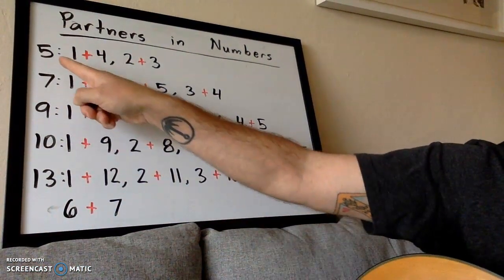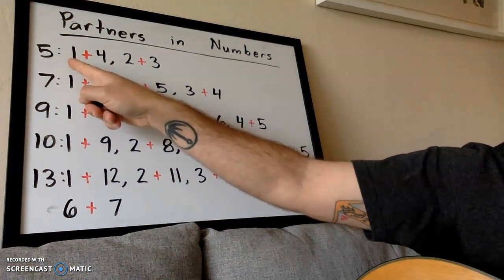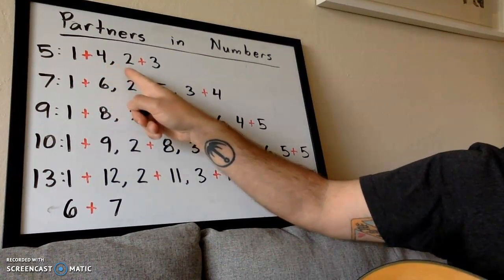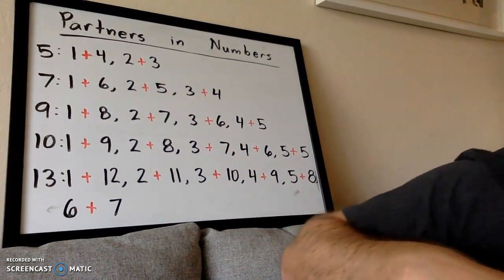So we can start up here at 5. We can decompose 5 or break it down to 1 plus 4, or we can have the other partners, 2 plus 3. That's for 5.